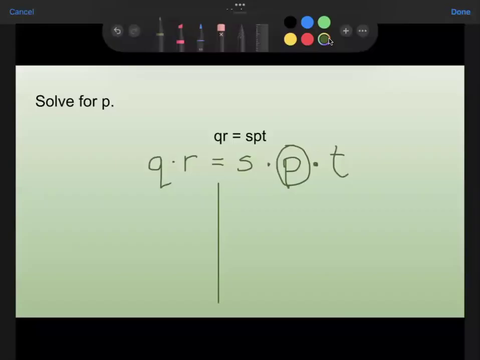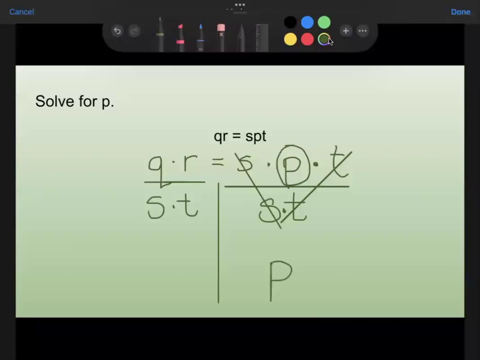S is being multiplied by P and P is being multiplied by T. The opposite of multiplication is division. So if I divide this side by S times T, and I divide this side by S times T, it gets canceled out because S divided by S is 1 and T divided by T is 1, and 1 times P times 1 is just P.